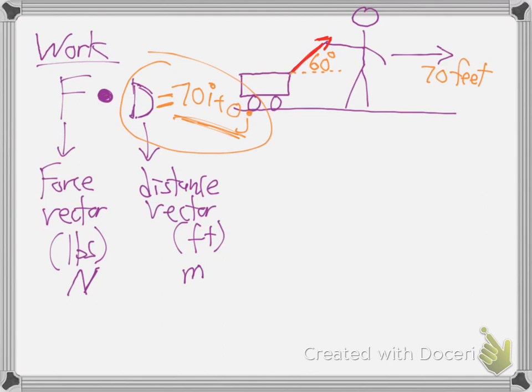If they pulled that handle only straight to the right, the handle would come down to 0 degrees. Do you picture that? A lot of physics, you got to kind of feel it a little bit. Does that make sense? You get the idea? So if you're pulling that wagon, you're pulling straight on that handle.